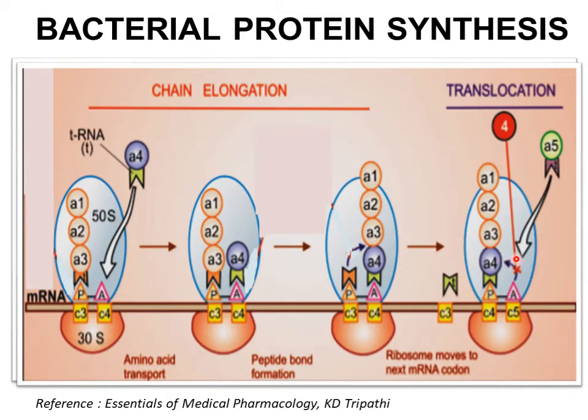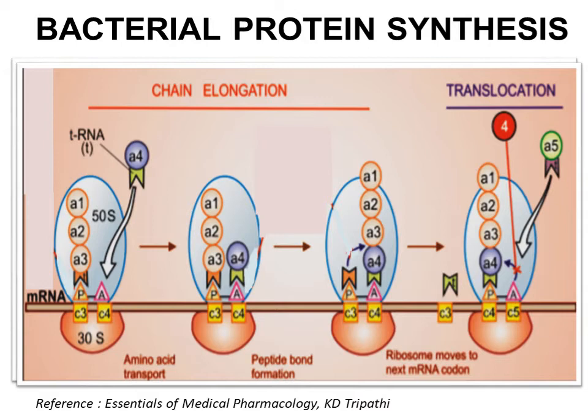Macrolides bind to the 50S ribosomes and inhibit the translocation of the elongated peptide chain from the A site to the P site. The ribosome doesn't move along the mRNA to expose the next codon. Hence, the peptide synthesis is prematurely terminated.